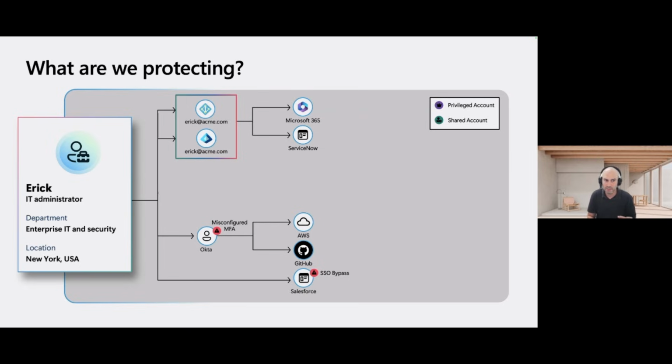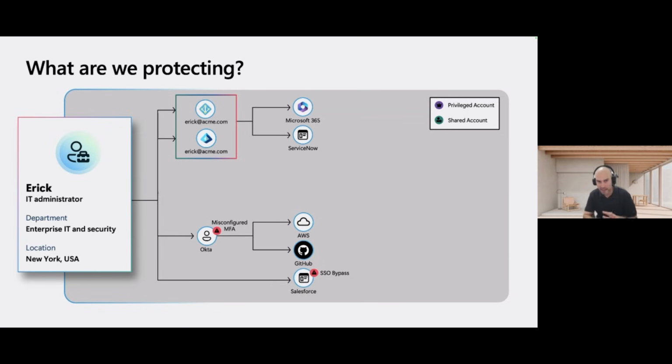Another important fact about Eric is that he has a Salesforce account. One thing that is very important to illustrate here is that Eric can sign into Salesforce directly, meaning he doesn't need to go through single sign-on, which might be a risk, because then some security policies set at the single sign-on level are not applied in this situation.